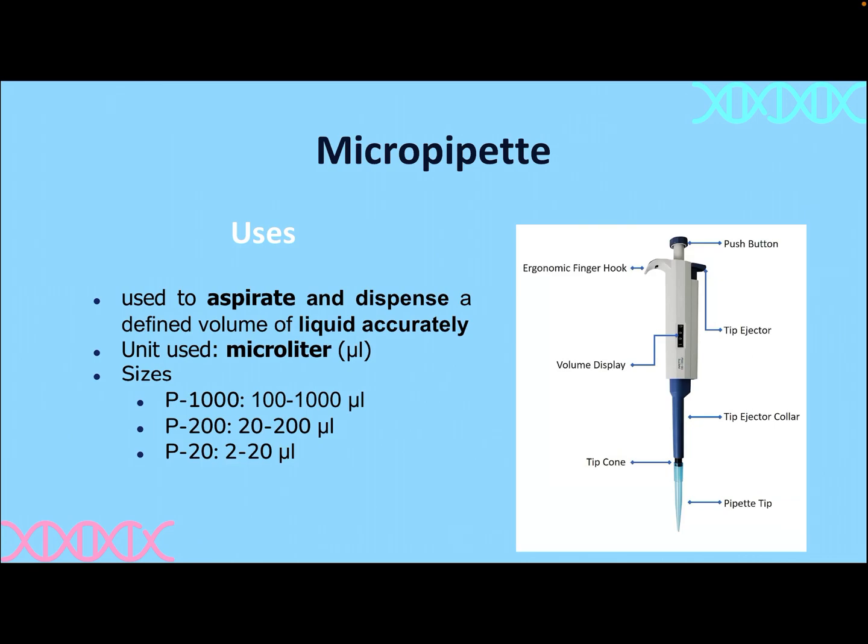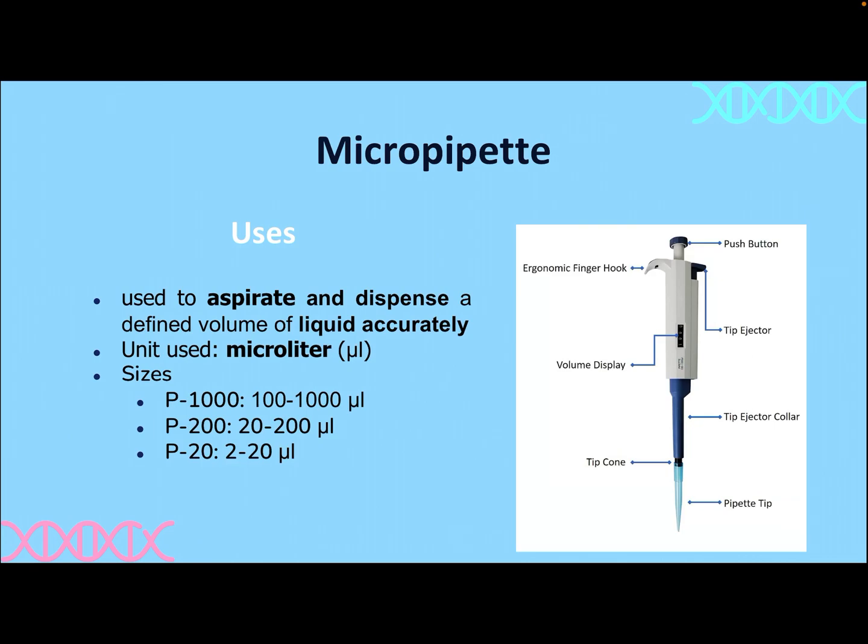Examples would be P1000, P200, and P20, wherein the number would indicate the maximum capacity of the micropipette. The P1000 measures volumes between 100 to 1000 microliters. The P200 measures volumes between 20 to 200 microliters, and the P20 measures volumes between 2 to 20 microliters range.